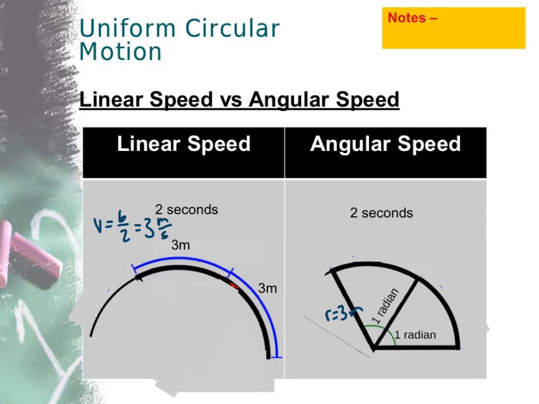So you could calculate the rate of change in angle over time, and the change in angle, delta theta, is going to be equal to 2 radians over the change in time, 2 seconds. So we would say that this person's angular speed is 1 radian per second.